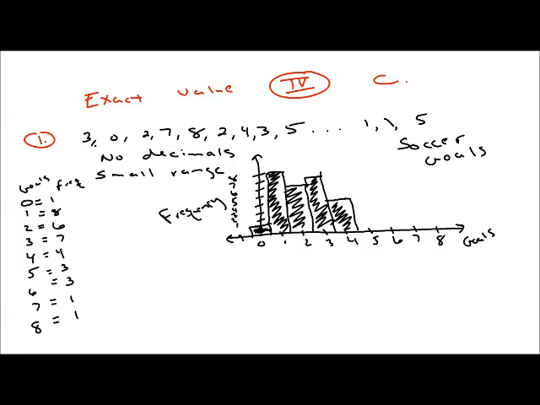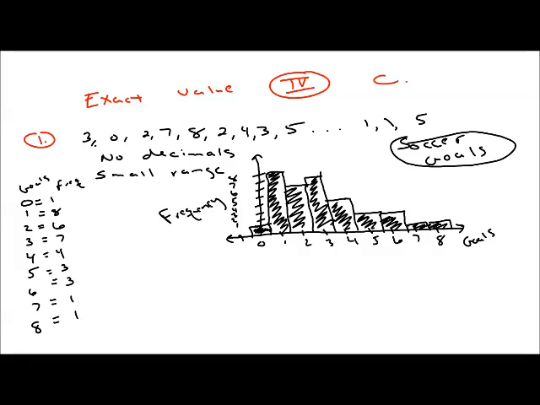Three fives. Three sixes. One seven. And one eight. So I got a title, labeled my axes, and here's my graph.